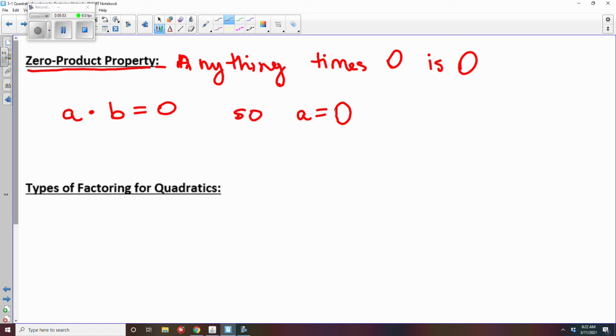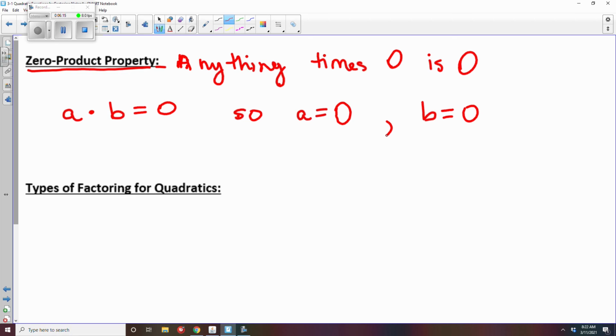B. So B could also equal 0. So we can set each piece that's being multiplied equal to 0 itself, because it could be the 0 part of that multiplication. And you're right, it could be any other number too, but we're all good with that one. So anything times 0 is 0.